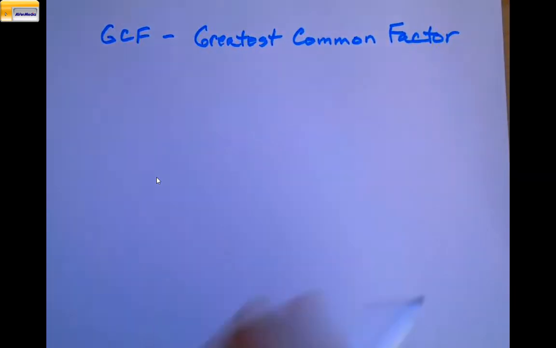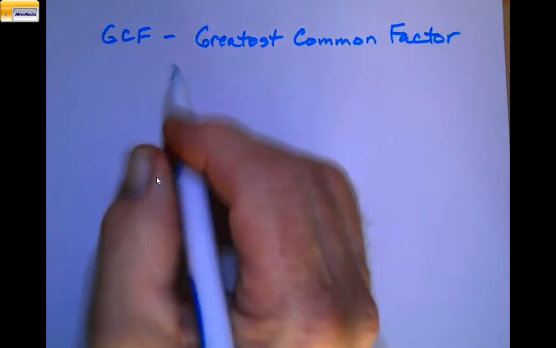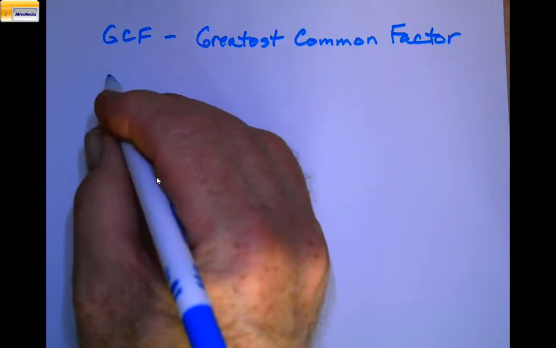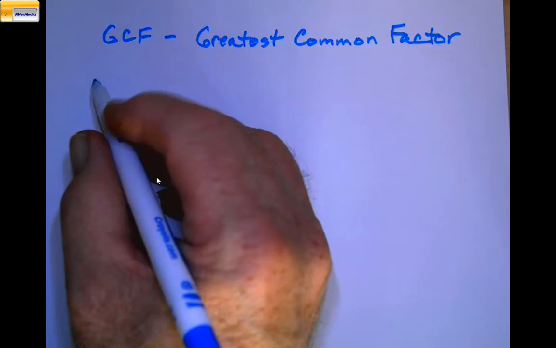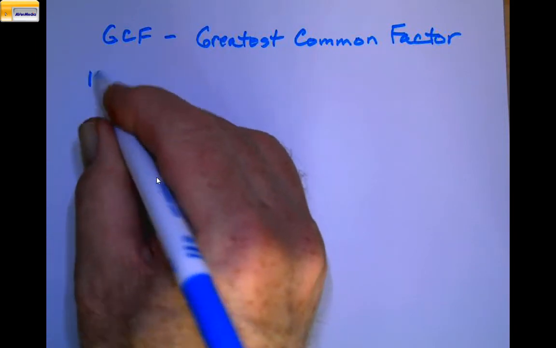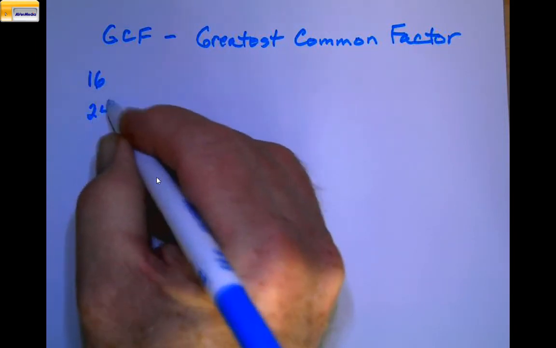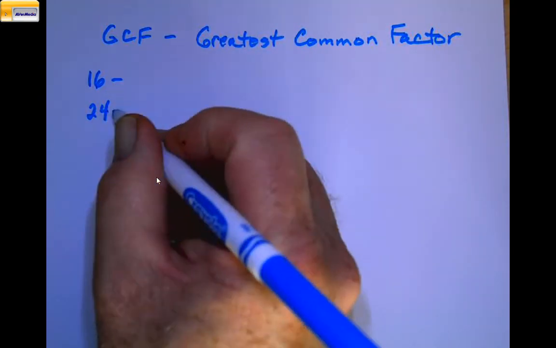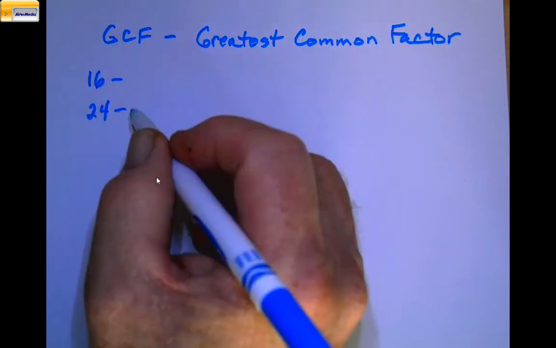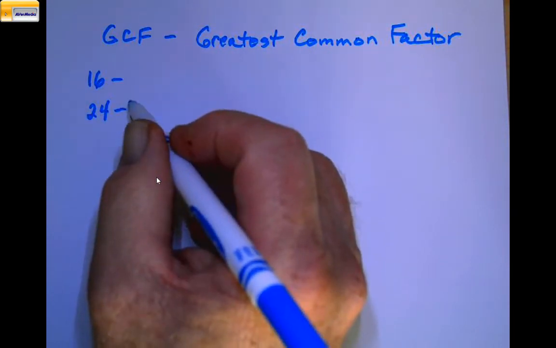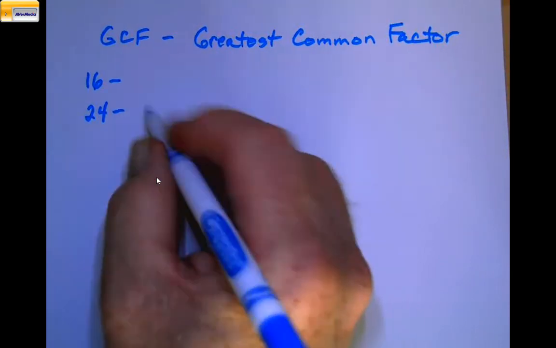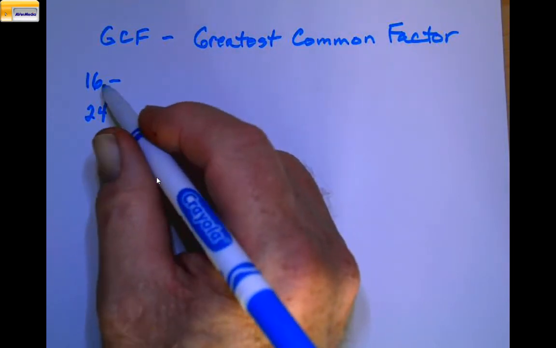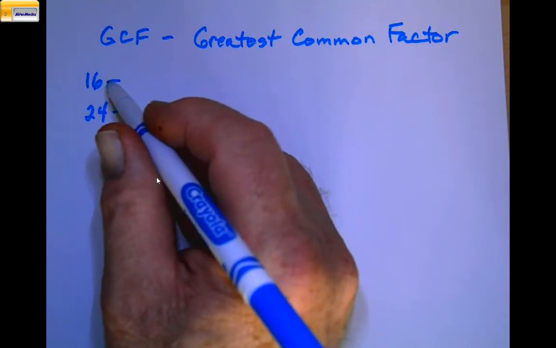So let's just think about how we might find greatest common factor and some of the ways you can do that. Let's say we have 16 and 24. Well, to find it, I need to list the factors of both of these numbers. I suggest you start with the smallest number.